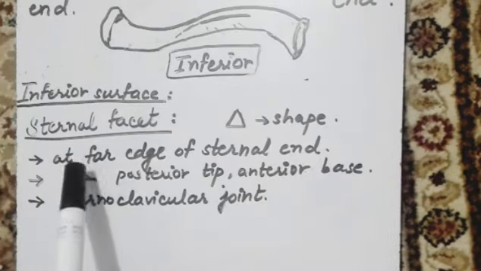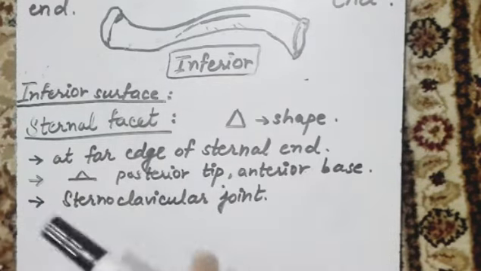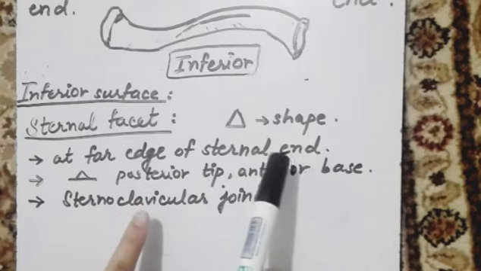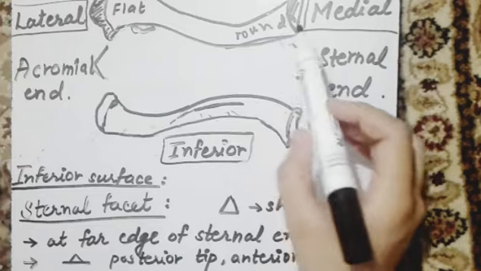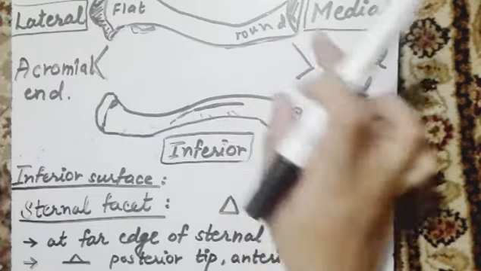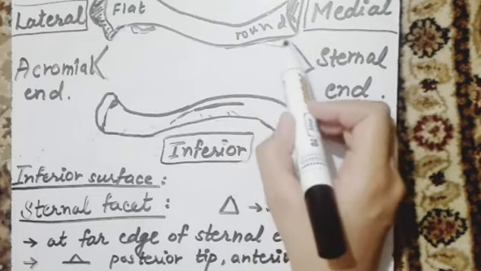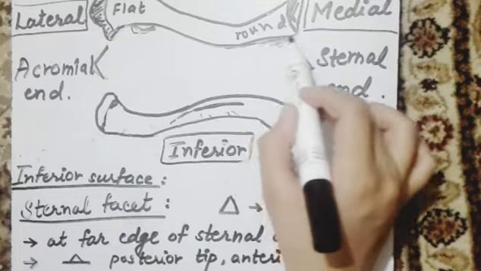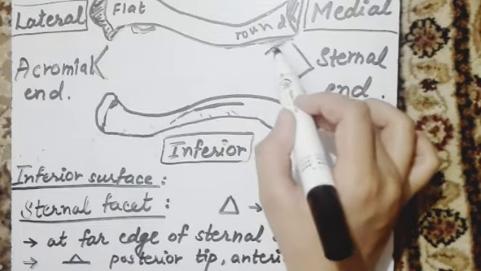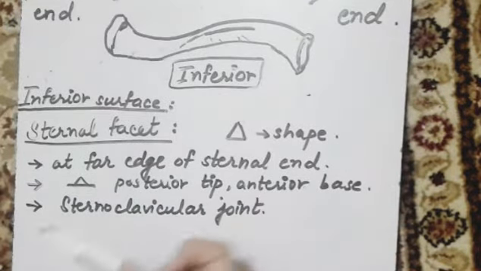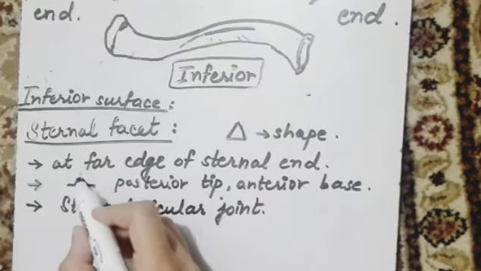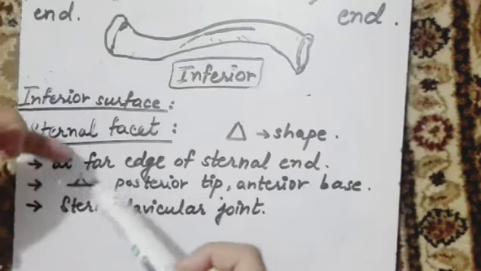Now we'll discuss sternal facet in detail. What actually it is is at the far edge of the sternal end. This here is the sternal end, and on the far edge of here somewhere sternal facet is found. It is triangular in shape. It has a tip on the posterior side.